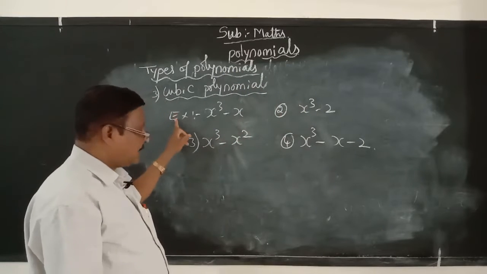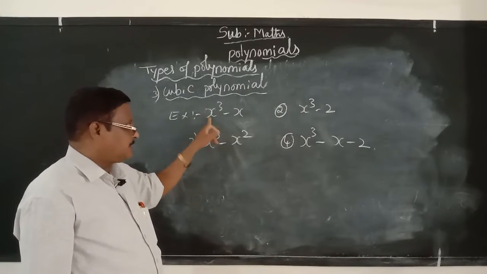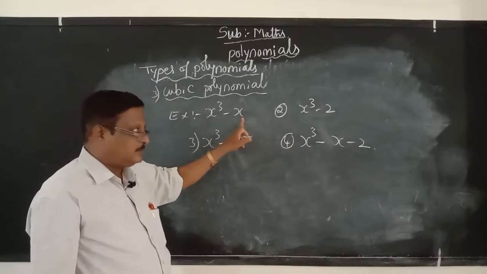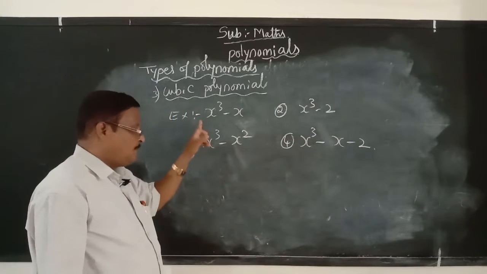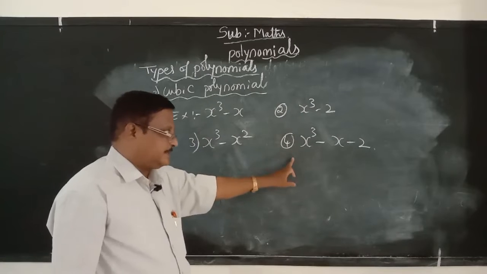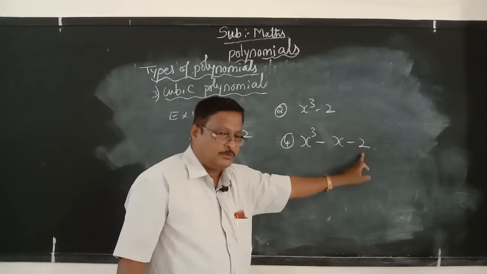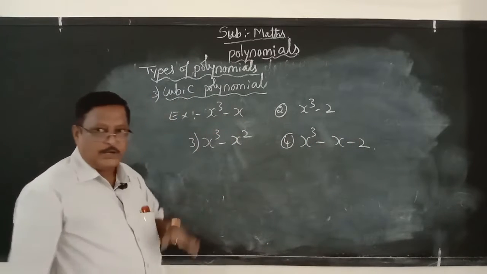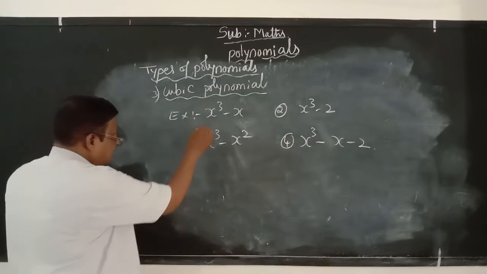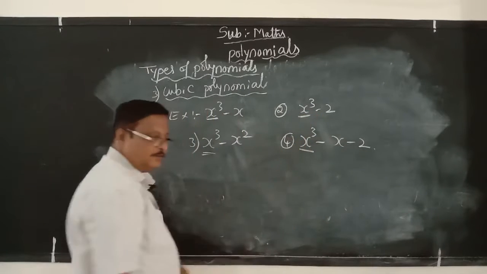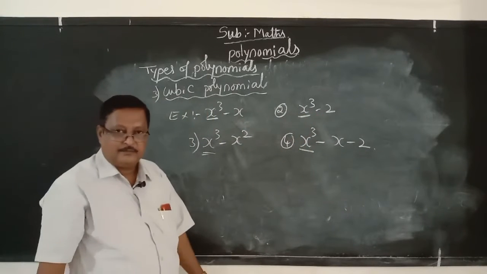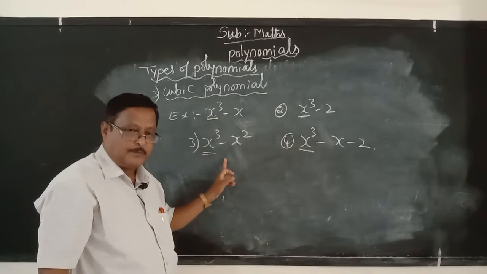Here are examples of cubic polynomials: number 1 is x cube minus x, second is x cube minus 2, third is x cube minus x square, fourth is x cube minus x minus 2. See, in these cubic polynomials the x cube term is compulsory.